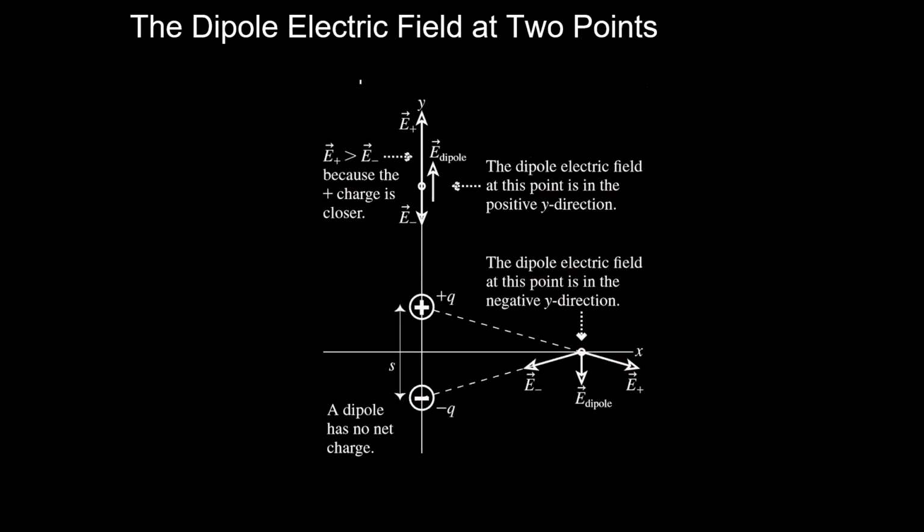The first one is the electric field on axis of the dipole, that is, on the axis connecting the line between the positive and negative charge. In both cases, whether you're above the positive charge or below the negative charge, the electric field actually points upward. It doesn't point downward when you're below the negative.